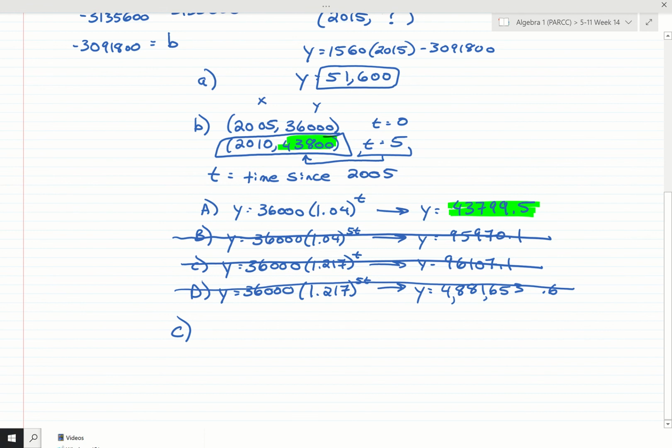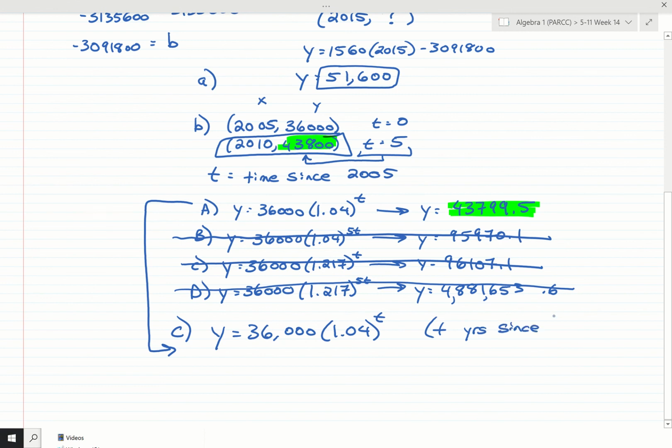For part C, assuming that the population of the city has grown exponentially since 2005 and continues to grow at the same rate, what will be the population in 2015? So this is telling us to use our answer that we just figured out. Y is equal to 36,000 times 1.04 to the t power. And remember, t is years since 2005.